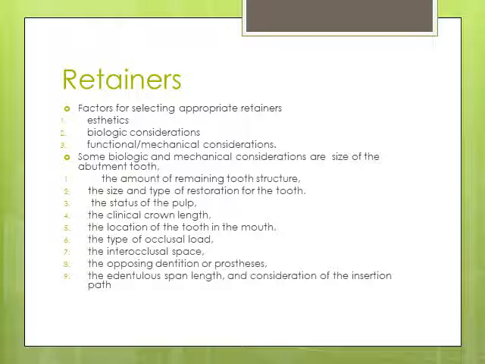About the biologic and mechanical considerations, the size of the abutment tooth is very important, the amount of the remaining tooth structure, the status of the pulp, the clinical crown length, the location of the tooth in the mouth. These are factors that should be kept in mind for mechanical consideration of the retainer. The type of occlusal load, the interocclusal space, the opposing dentition, and the edentulous span length.